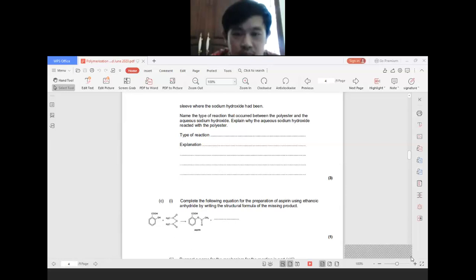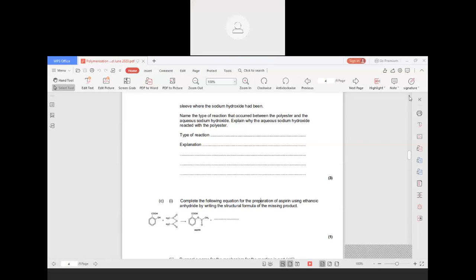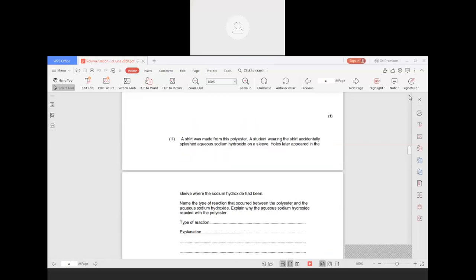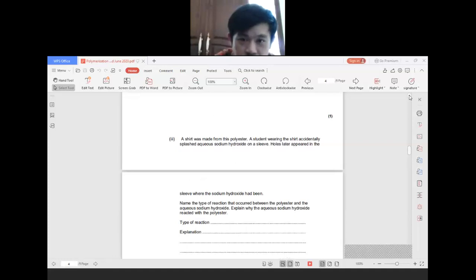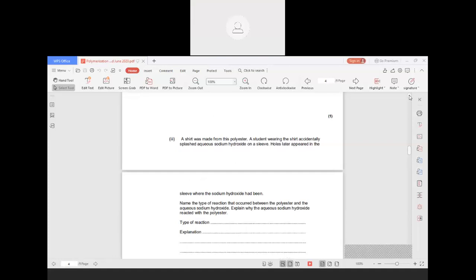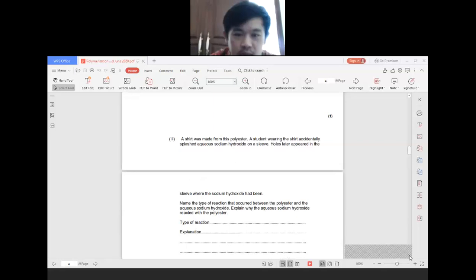Then since there is acid and alkali, the alkali which catalyzed the previous reaction will react with the carboxylic acid, which turns it into H2O and the salt of the carboxylic acid. Yes, correct.